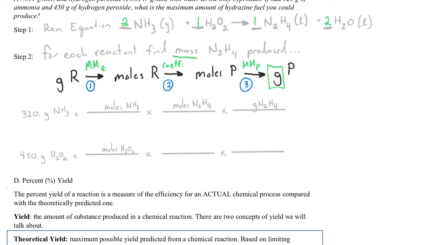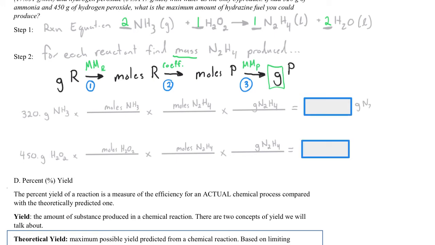We can do the same process for hydrogen peroxide below, except we're going from grams of hydrogen peroxide into moles of hydrogen peroxide instead of moles of ammonia, of course. And then the next 2 steps are exactly the same as the 2 above it. So if we look at this, in each case, we're converting the grams of whichever reactant we're looking at into the grams of hydrazine that it would produce.